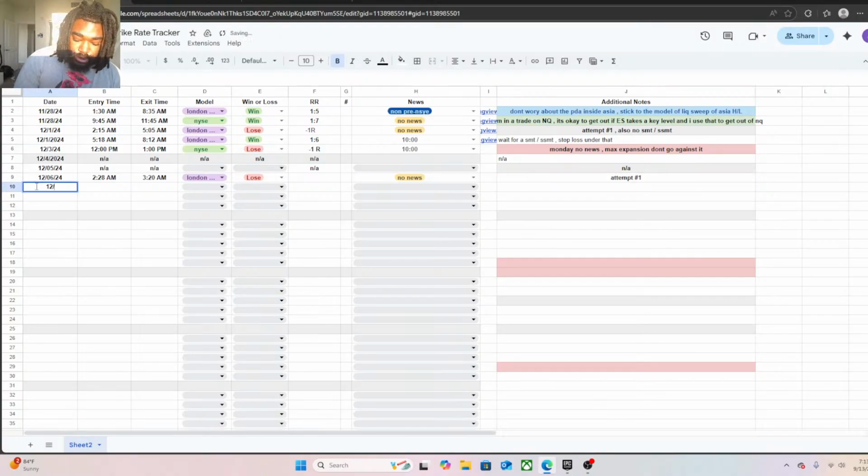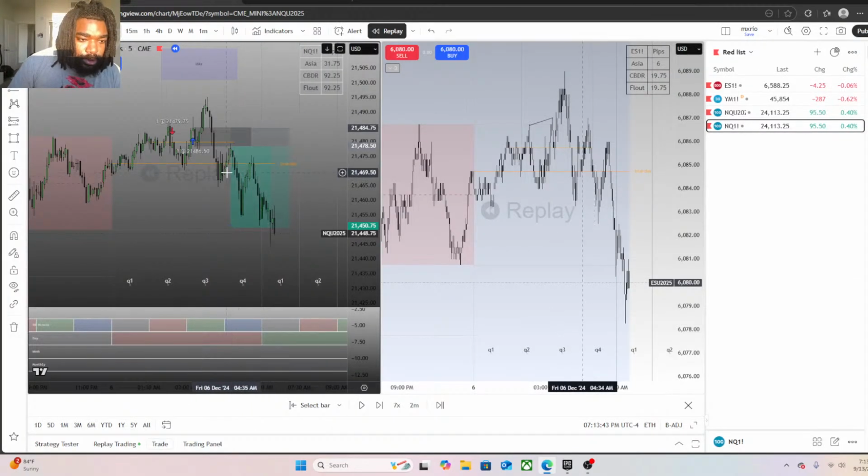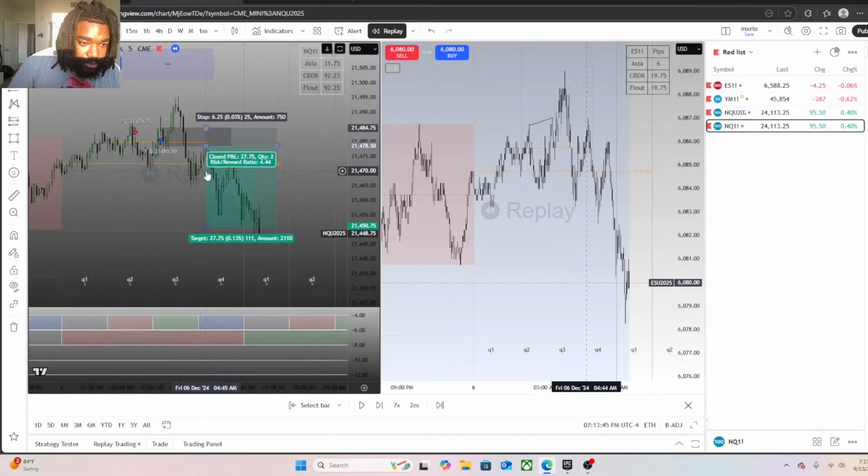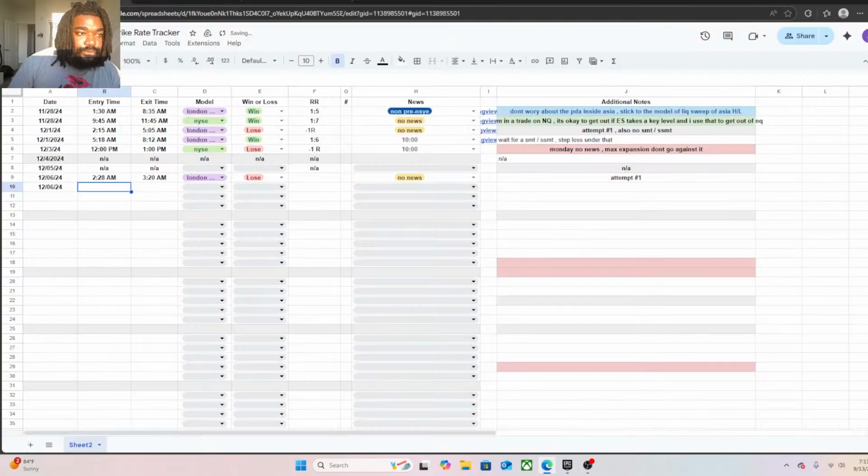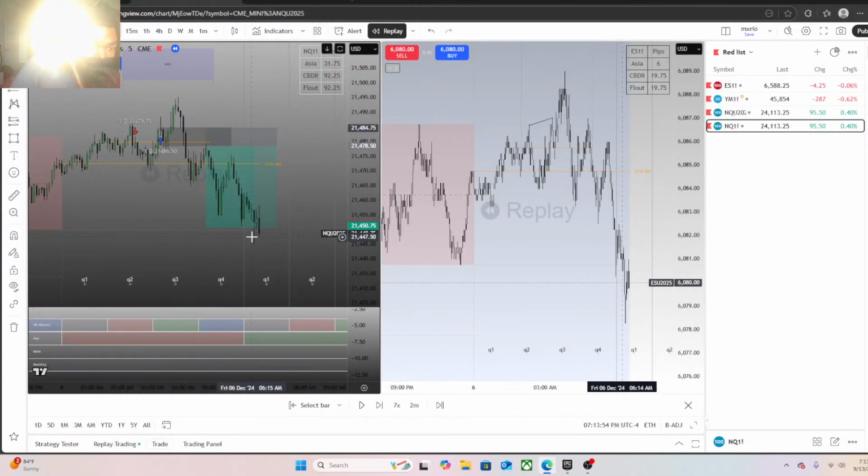Same attempt in London session went. Entry was at 450, 445. TP got hit. 6:20 in the morning.